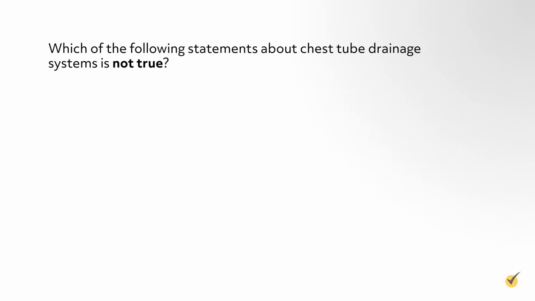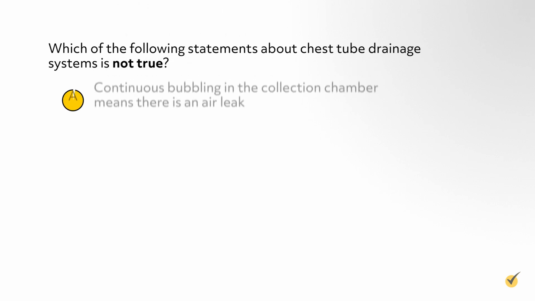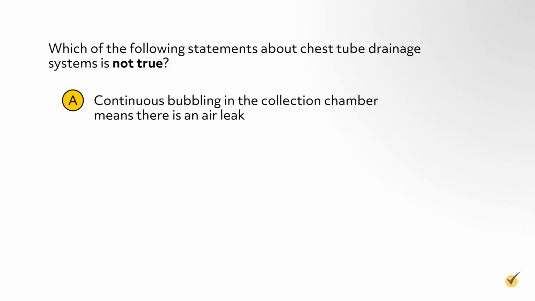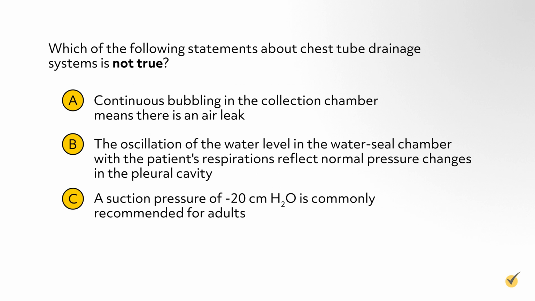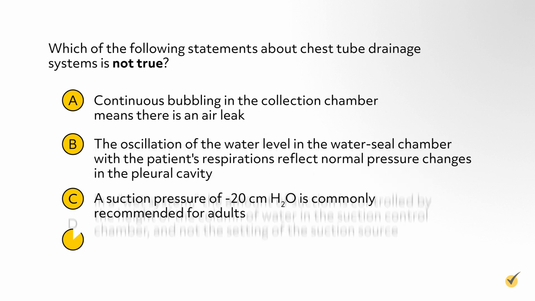Which of the following statements about chest tube drainage systems is not true? A. Continuous bubbling in the collection chamber means there is an air leak. B. The oscillation of the water level in the water seal chamber with the patient's respirations reflects normal pressure changes in the pleural cavity. C. A suction pressure of -20 centimeters of water is commonly recommended for adults.